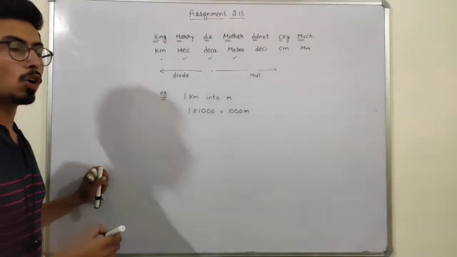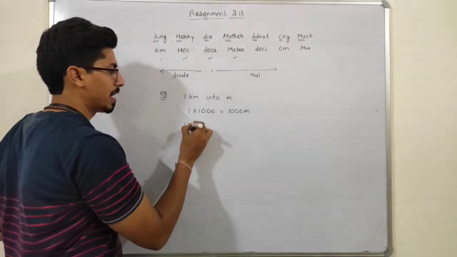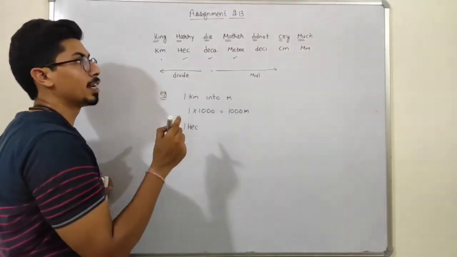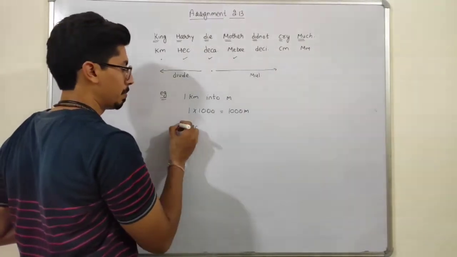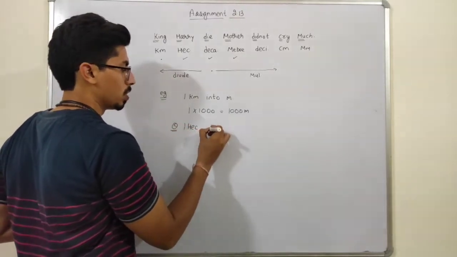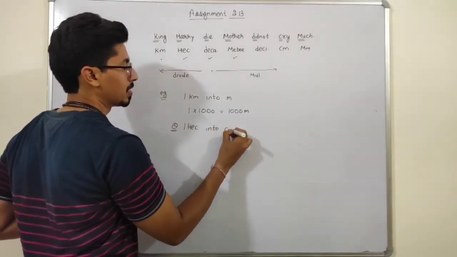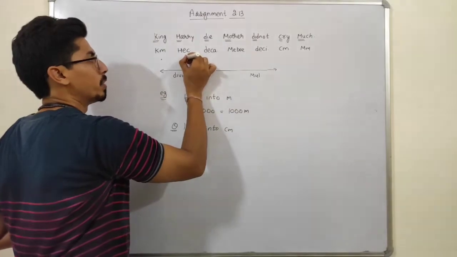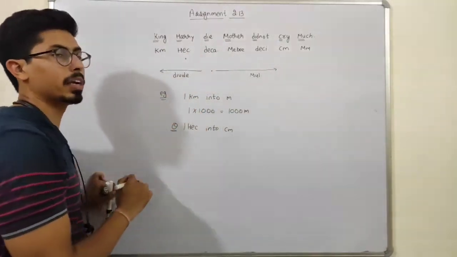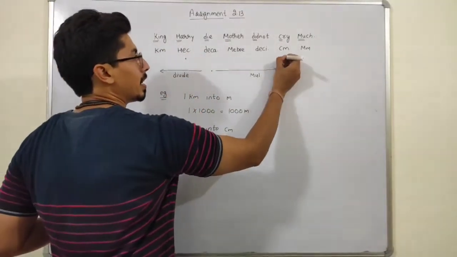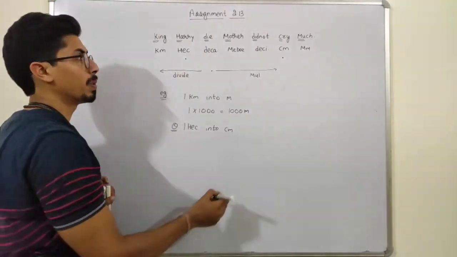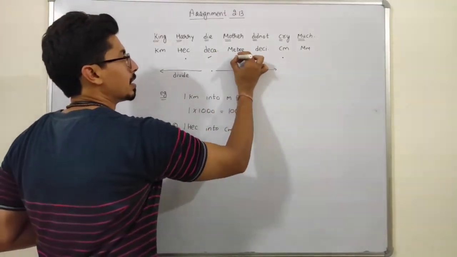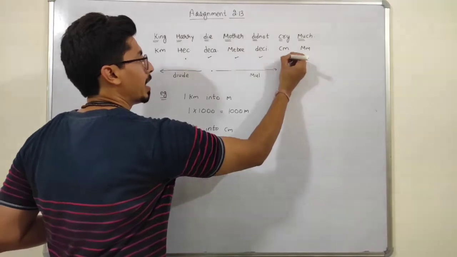Okay students, if I have to convert 1 hectometer into centimeter, see, now I am here and I have to move till this point. So first, second, third, and fourth position.